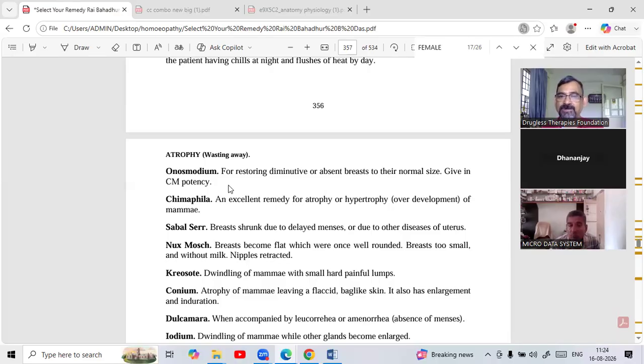If someone wants to become a little bit fat, to put on weight, arsenicum iodatum is also a very good remedy, and the remedy made from the egg yolk. The name is not coming into my mind. I will share it in the group.